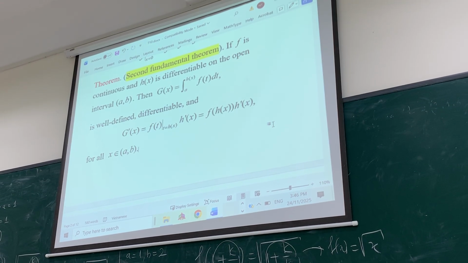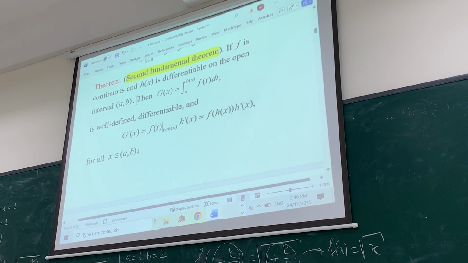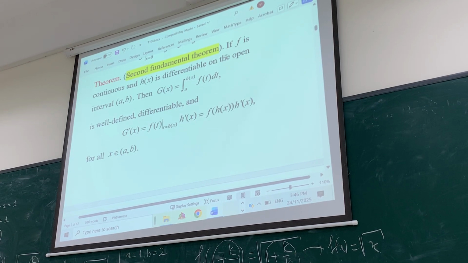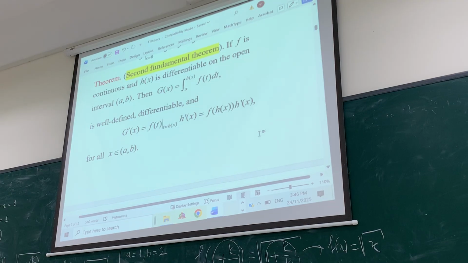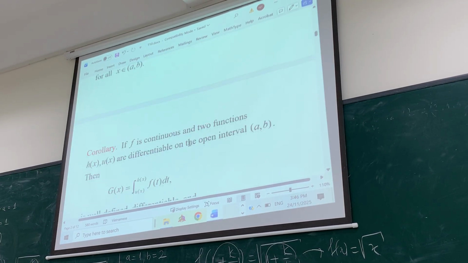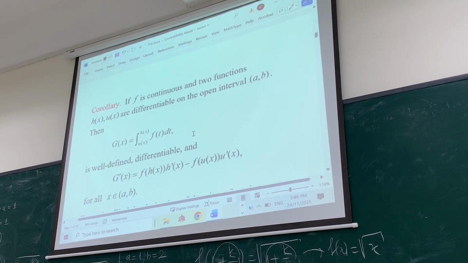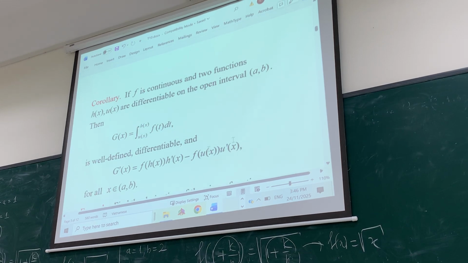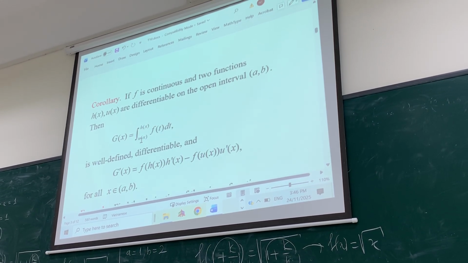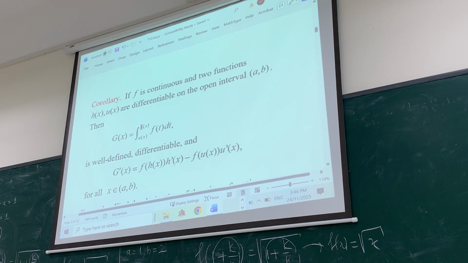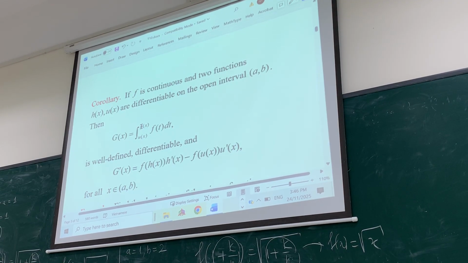Now continue. Based on the second fundamental theorem, we have an extended theorem, the corollary. The function g has two limits u and v depending on x.